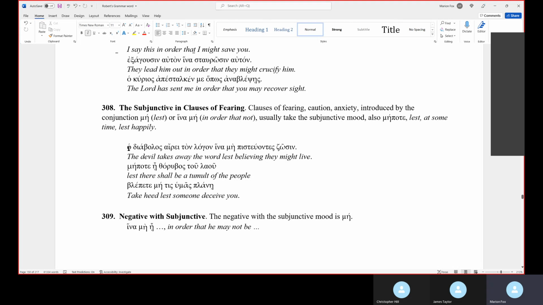Ho diabolos, hina mē, ton logon, mē pistusantes, sōthōsin. Now, ho diabolos is the devil. Bolos is something thrown, and dia is through. So to cast someone through with something.